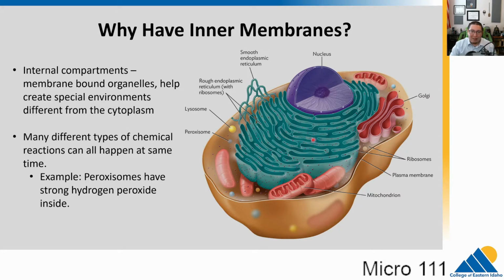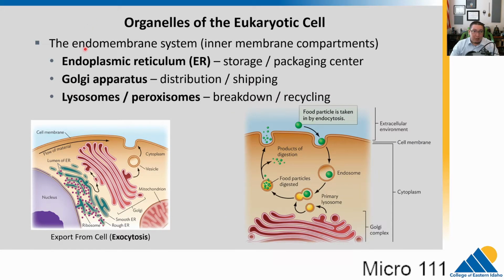So these membranes allow different chemical processes and more complex chemistry to occur within the cell. This is really the defining feature of the eukaryote. This system is called the endomembrane system, and that means internal, endo, inside of membrane system. So the membrane system inside the inner membrane compartments.